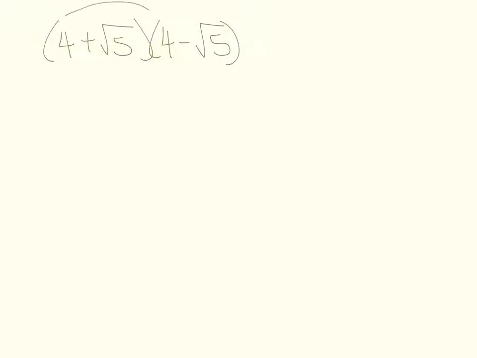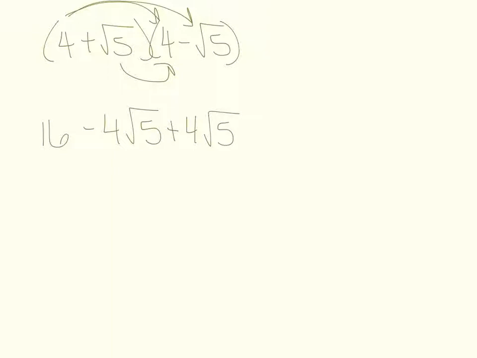You're going to distribute. 4 times 4 is 16 minus 4 times the square root of 5 is 4 root 5. Square root of 5 times 4 is plus 4 root 5. Then I've got square root of 5 times square root of 5, that's minus the square root of 25, right?